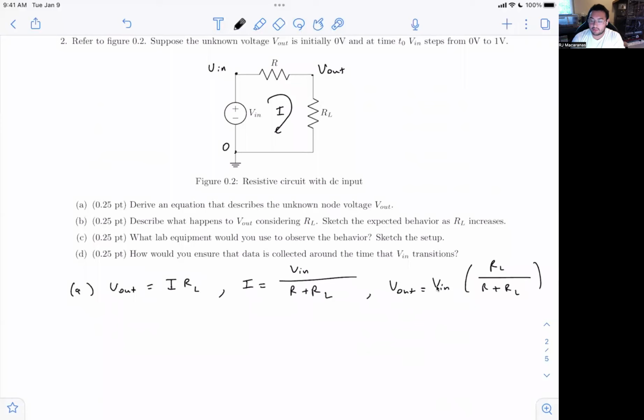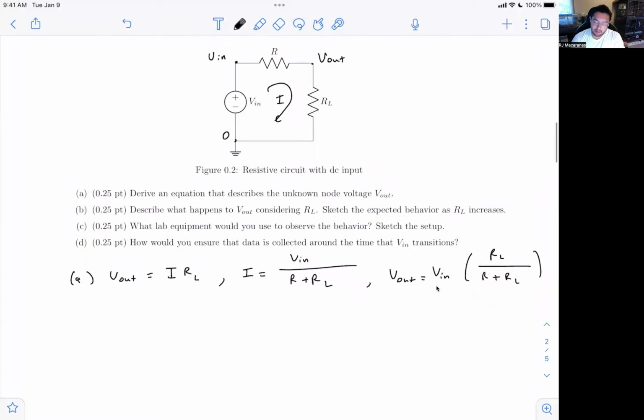And that goes back to that whole voltage divider principle, right? So we're looking at the ratio of this guy with respect to this entire network. So hopefully that is pretty easy for you guys. And we're looking at what happens to Vout considering RL.